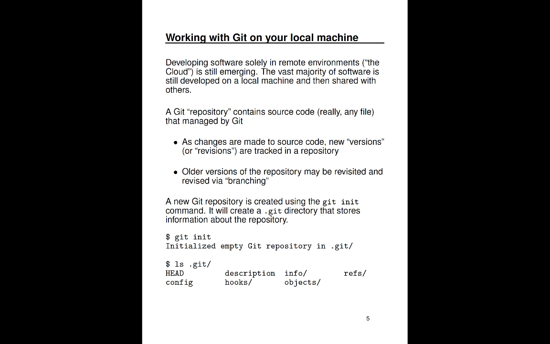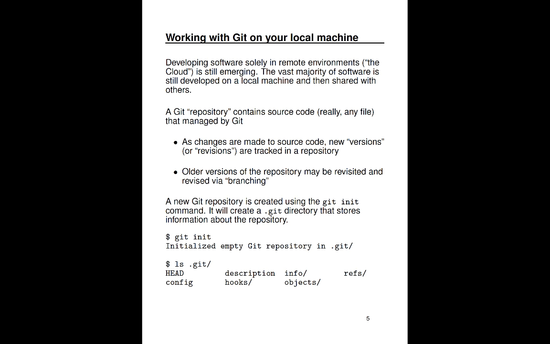Now, to get started with a Git repository, you can create it using the git init command. This will create a new repository in whatever directory you run the command in. As you can see there, when you say git init on the command line, the Git tool will issue a little message telling you that yes, it created an empty repository in .git.